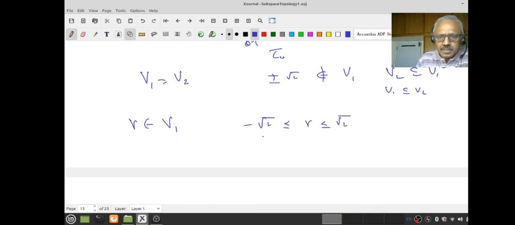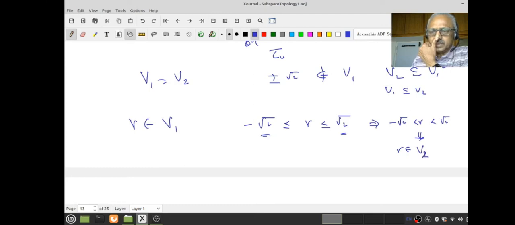Can r be plus or minus square root 2? It cannot happen, because r is rational. Therefore actually this implies minus root 2 is less than r, which is less than plus root 2. But then this implies r is in V2. Therefore, I have shown V1 is contained in V2. Therefore, V1 equals V2.